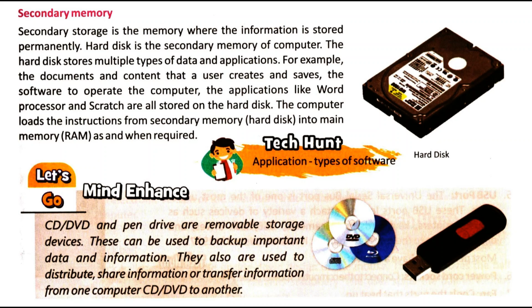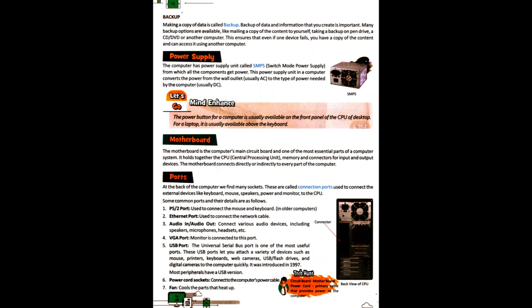The hard disk stores multiple types of data and applications such as documents, pictures, videos, audios, some files. Whenever the computer needs to execute a particular data, it loads from the secondary memory, that is hard disk, into the main memory, that is RAM, then executes that data.